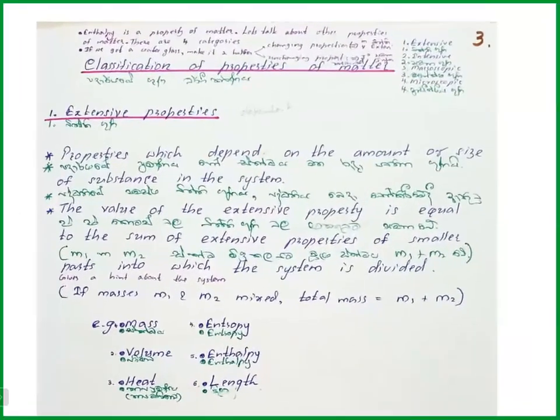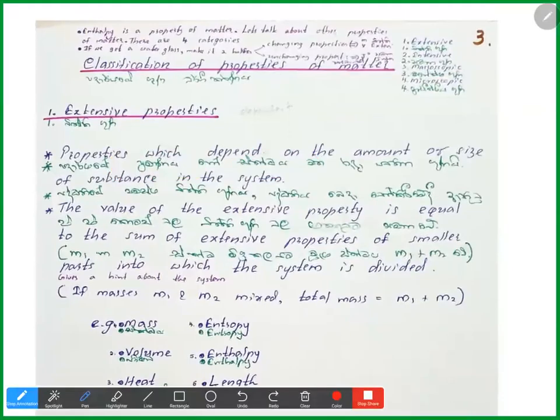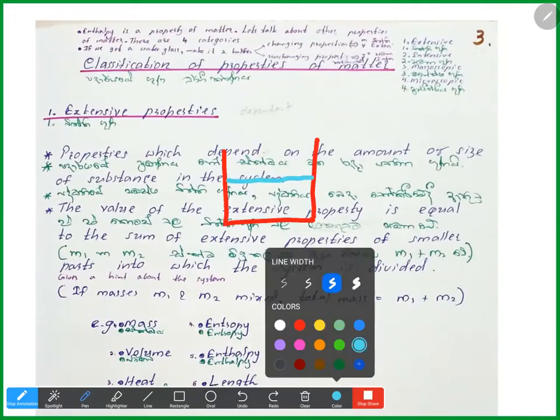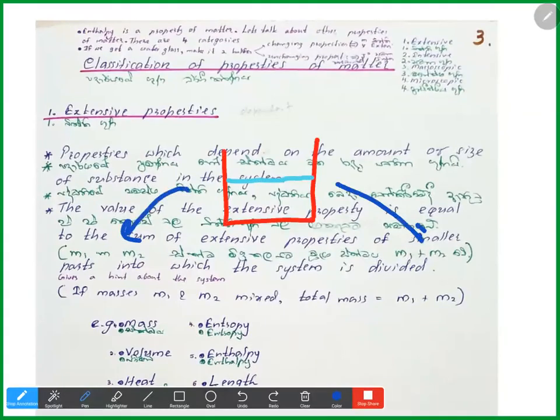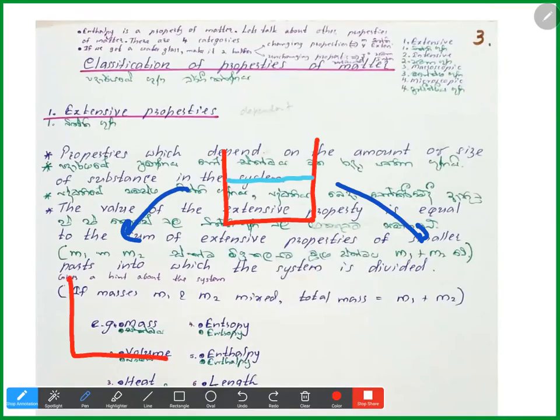Very easily you can understand extensive and intensive. Get a beaker of water, so this much water is here. Now you get two beakers of exactly the same size, same glass, same capacity. The beakers have nothing to do with it.